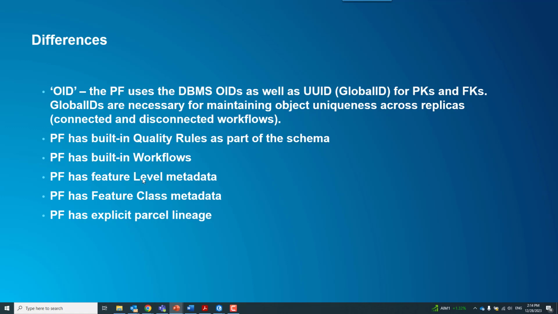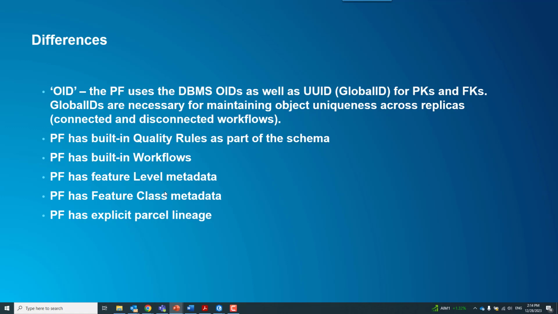We also have feature-level metadata, which means things like, what is the accuracy of this point? What is the accuracy of this direction or distance, right? So we can start to evaluate the quality of the data and maintain it as metadata on the feature itself. Beyond the feature-level metadata, we also have feature class level metadata.